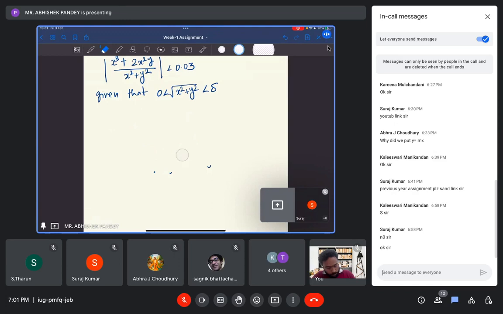So we need to get the condition on delta so that this will hold. This implies x square plus y square is less than delta square, isn't it?